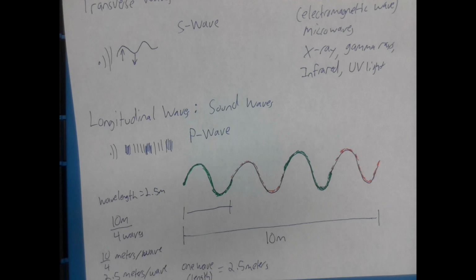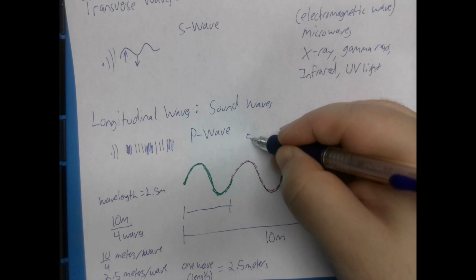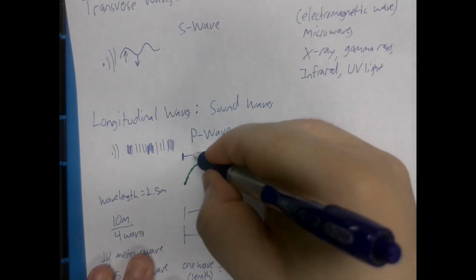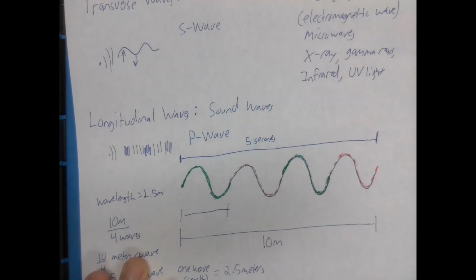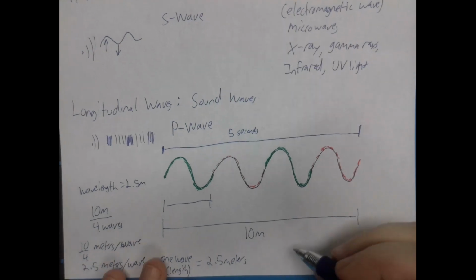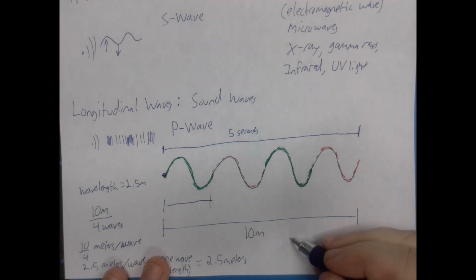You can either say that the answer is 2.5 meters, or you can convert it. It depends on whether or not the answer is converted. Let's say it takes 5 seconds for the wave to go from here all the way to here. What would be the speed of this wave? So the wave went 10 meters.